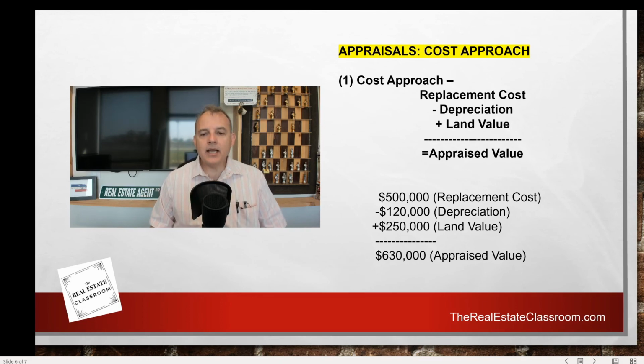And then we add back in the land value that the appraiser actually did a sales comparison approach to determine. He or she has determined that the land is worth $250,000. We do all of our adding and subtracting, and we come up with an appraised value of $630,000. This is how we come to valuation using the cost approach.